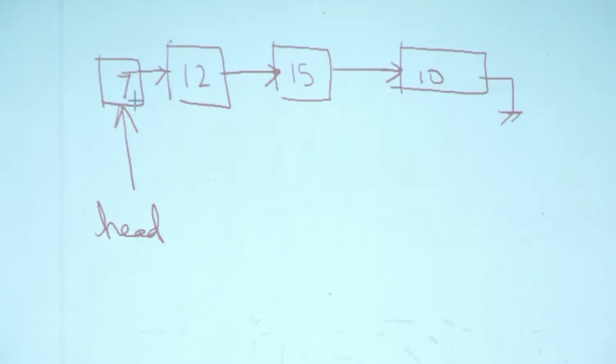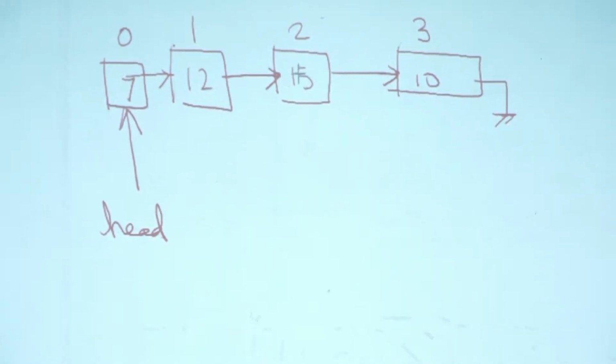Now the next question we have to do is, suppose I tell you that I want you to add a node at the second position in the list. So we'll call this the 0th position, this the first position, this the second and third.